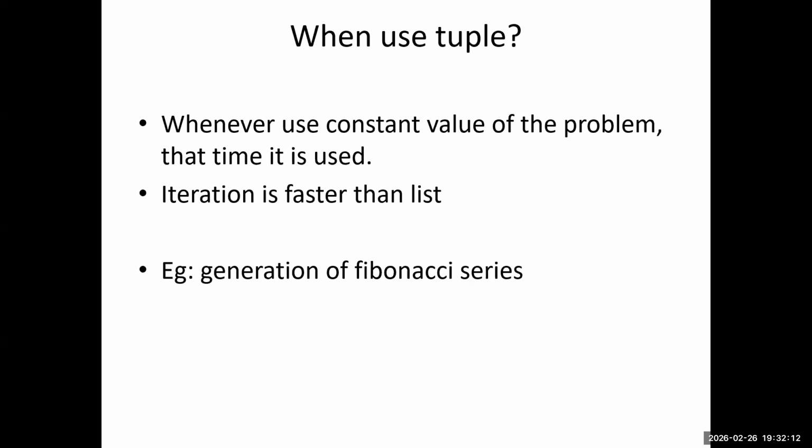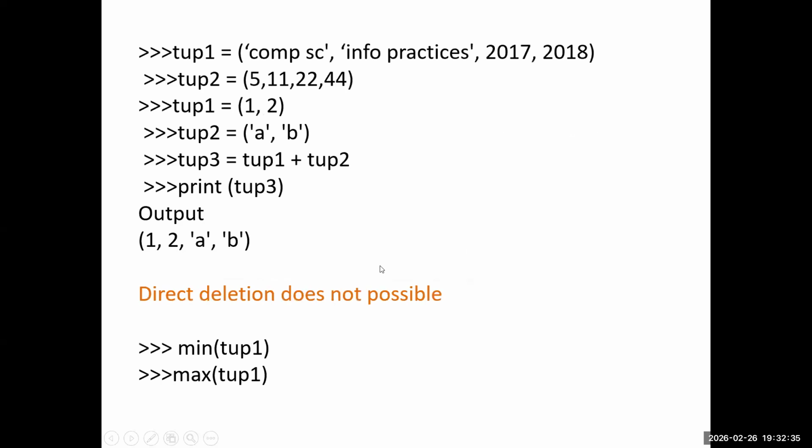Adding these two values, you get the third value. In this manner you take the immediate two values and add them to get another value, and the process continues. At each location, the value of the series cannot be changed.